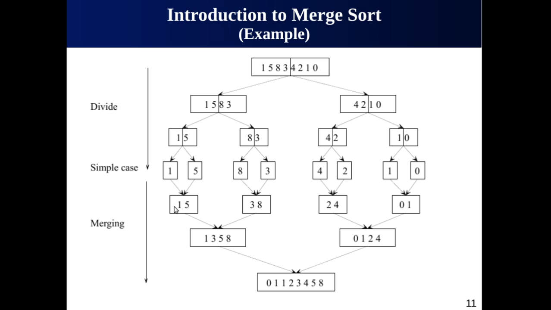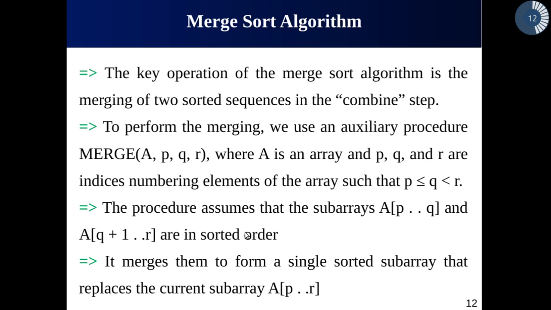So we can see 1 5 is already in sorted form, while 3 8 is already in sorted form. Now the merge auxiliary procedure will combine these two subarrays, but the condition is that they must be in sorted form. So this is mentioned here, that it will merge them into a single sorted subarray, right? But the condition is that they must be in sorted form.